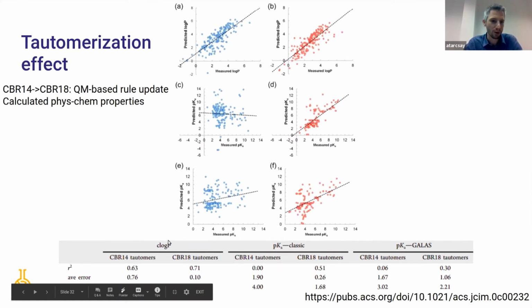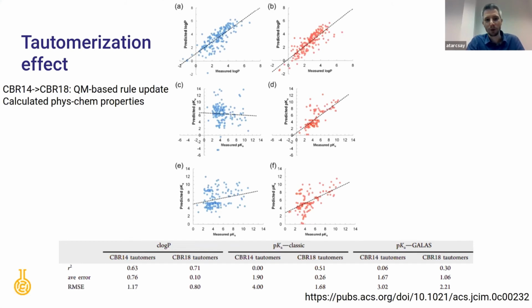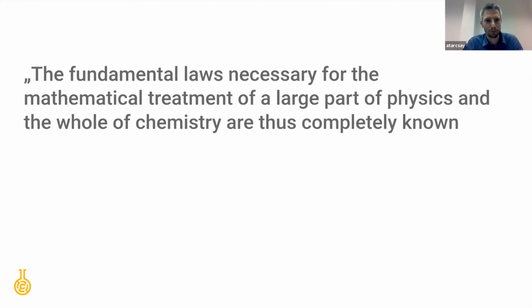And that was true for the C log P calculation and the pKa calculation itself. So only by applying some quantum chemical calculations, that's an approximation, you can get much higher accuracy when you're comparing another in silico to measured data.